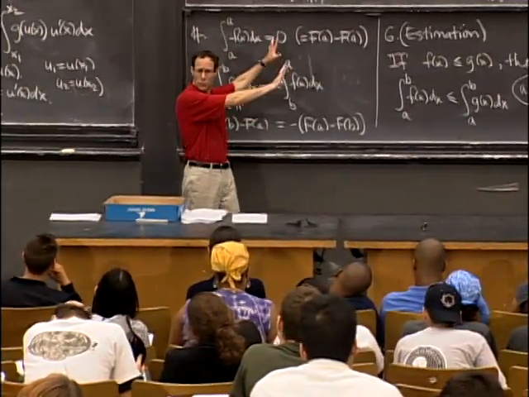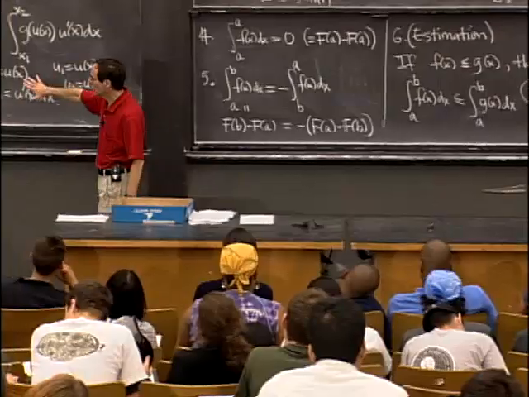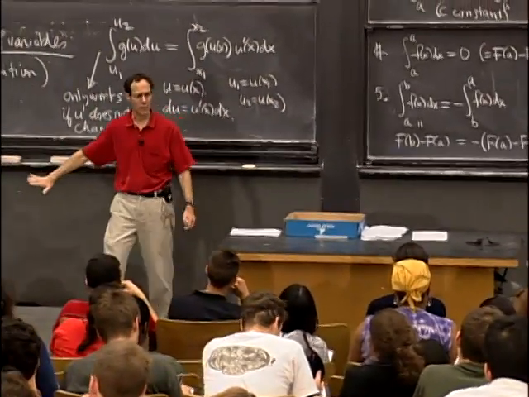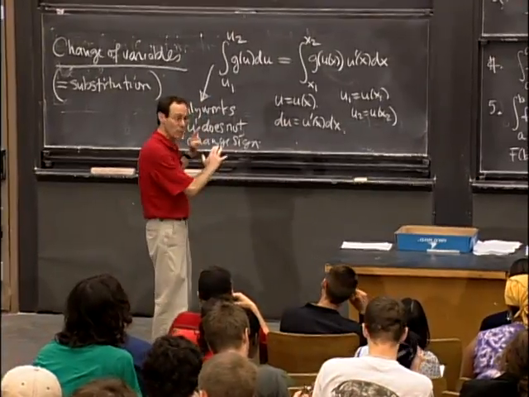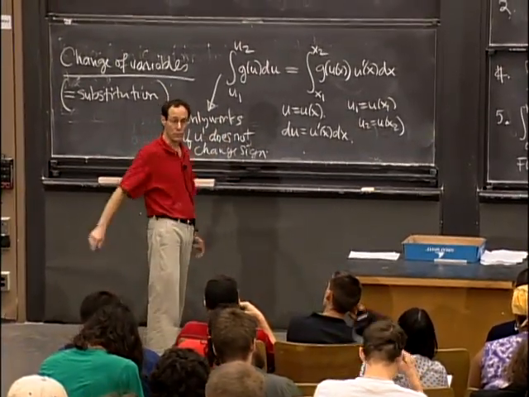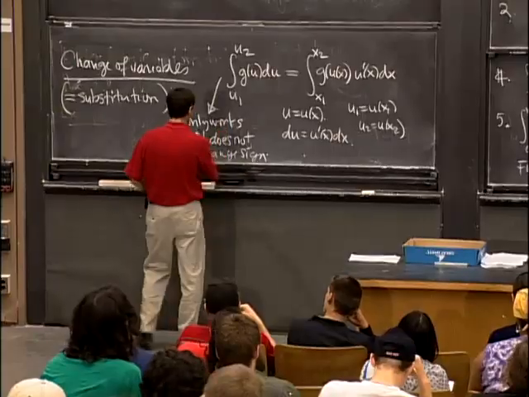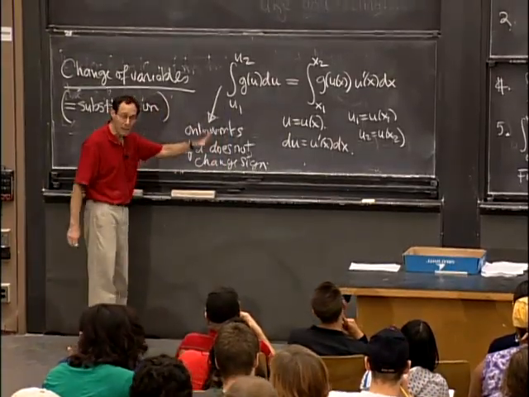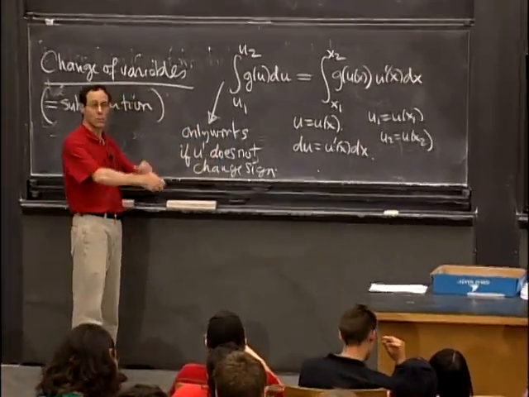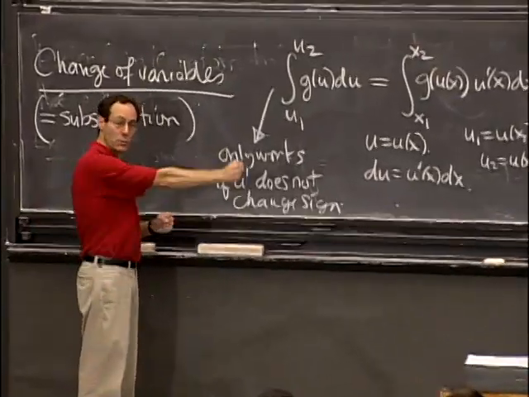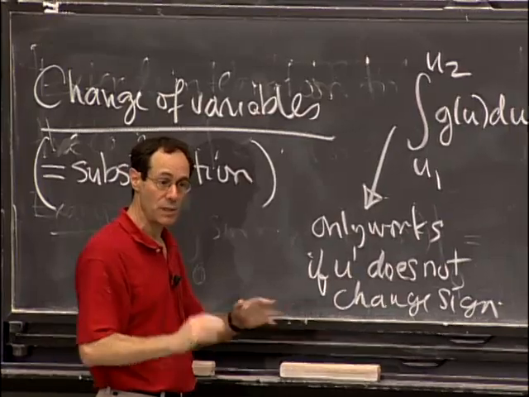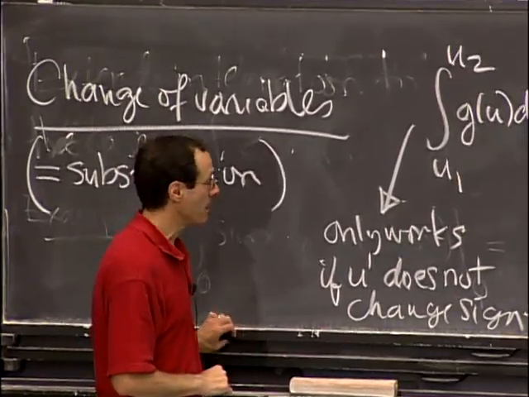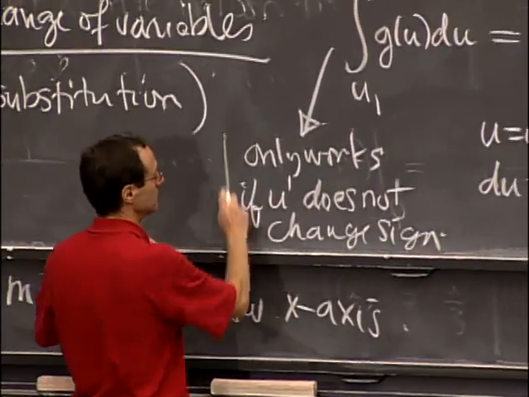So we're sort of free to do it. Well, this is one case where you want to avoid it. Just don't do it. It is possible, actually, to make sense out of it, but it's also possible to get yourself infinitely confused. So just make sure that, it's okay if u prime is always negative. You're always going one way. It's okay if u prime is always positive. You're always going the other way. But if you mix them up, you'll get yourself mixed up.